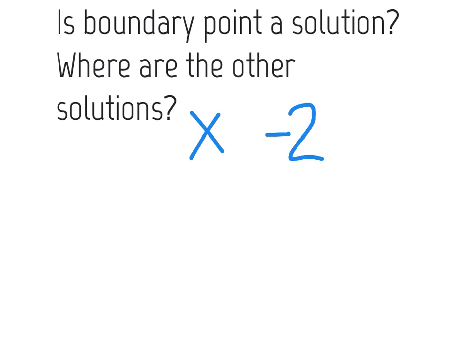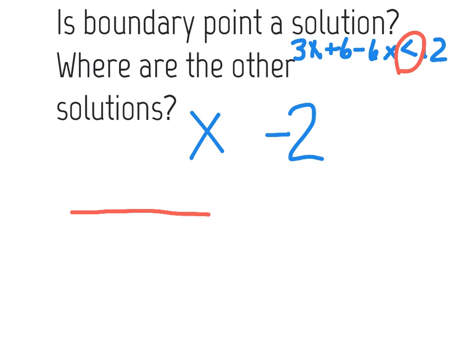And since the original inequality was 3x plus 6 minus 6x is less than 12, we're going to look to see if negative 2 is a solution. Since there is no equal sign there, negative 2 is not a solution, it's just the boundary. So we're going to go ahead and start our solution set here. Open circle.